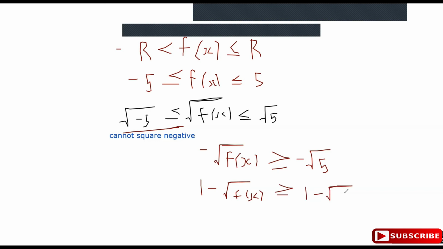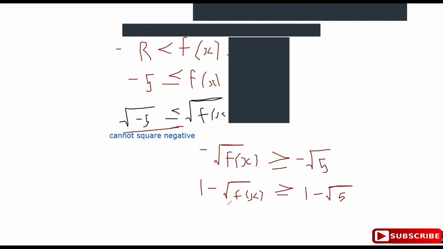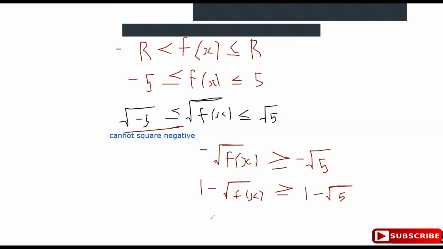Then we need to reciprocate this by taking 1 over it. So 1 over 1 minus the square root of f of x is less than or equal to 1 over 1 minus root 5.